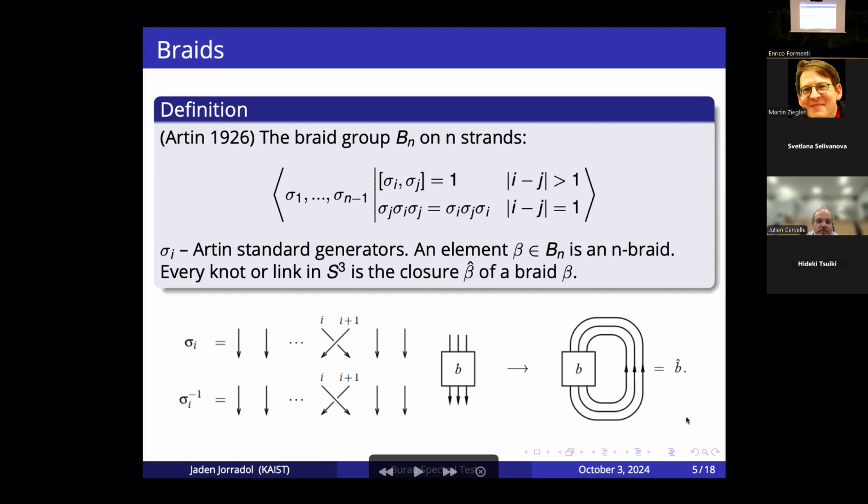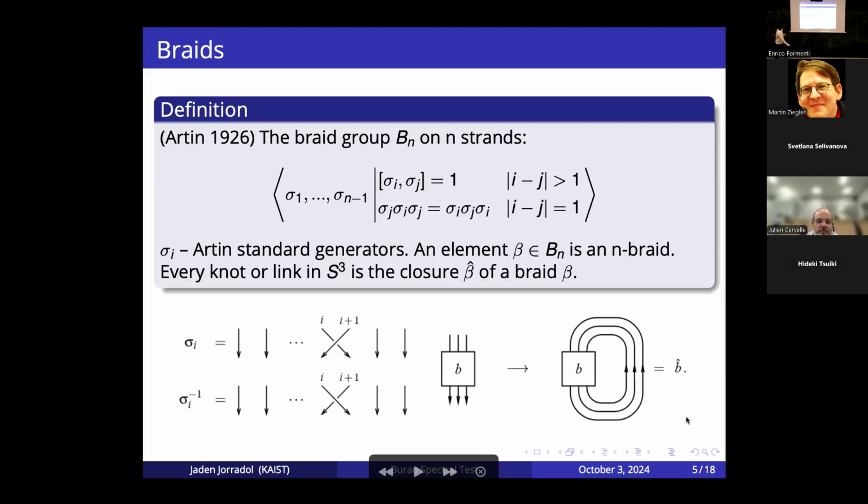This is called closure, and you can see that it is a knot, and it can be a knot or a link. The last sentence says it is called Alexander's theorem: every knot and link can be represented as the closure of a braid.